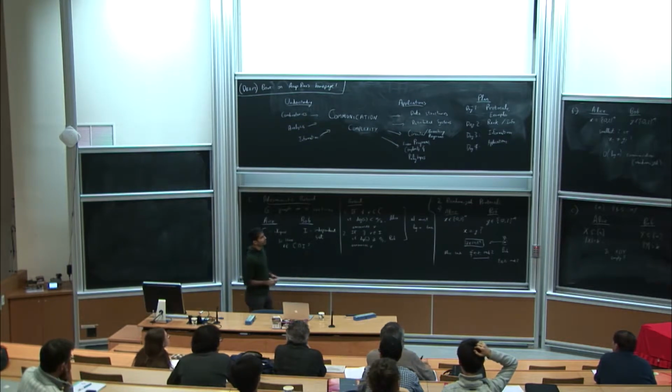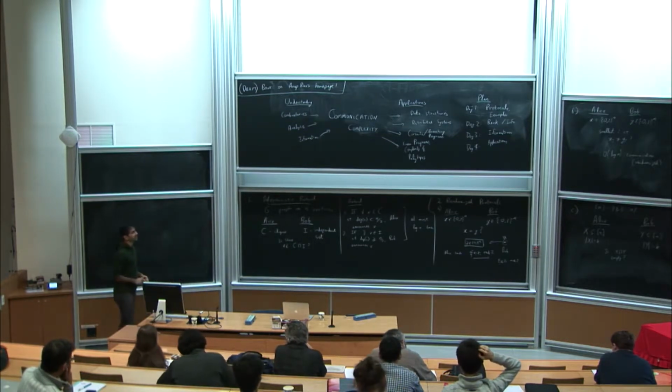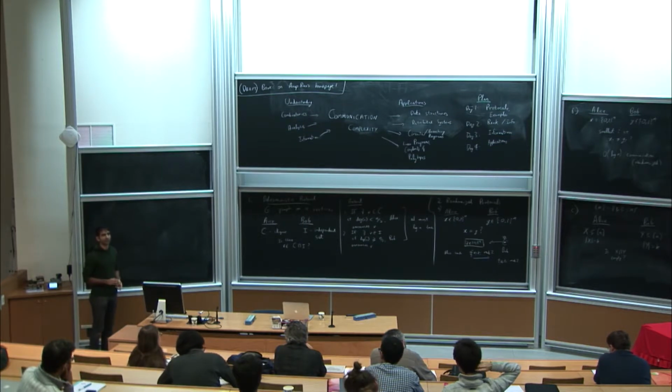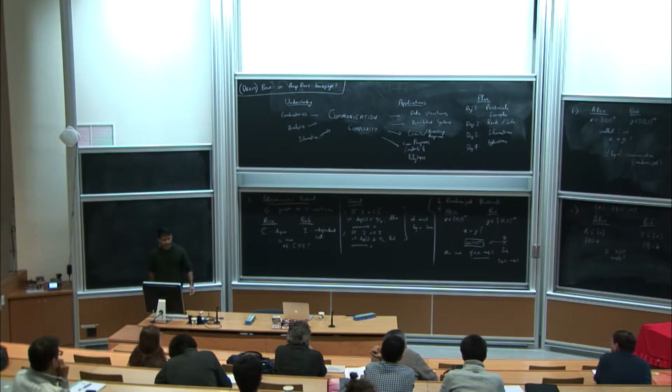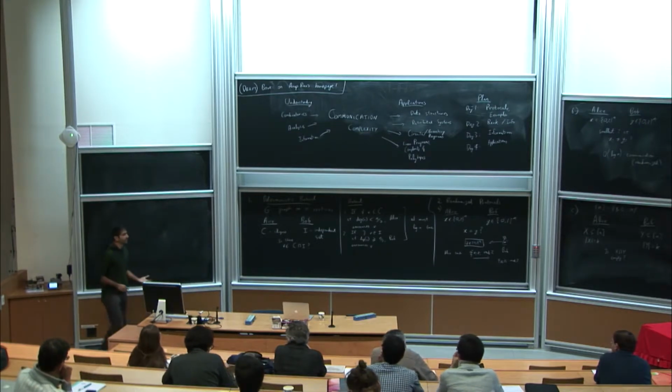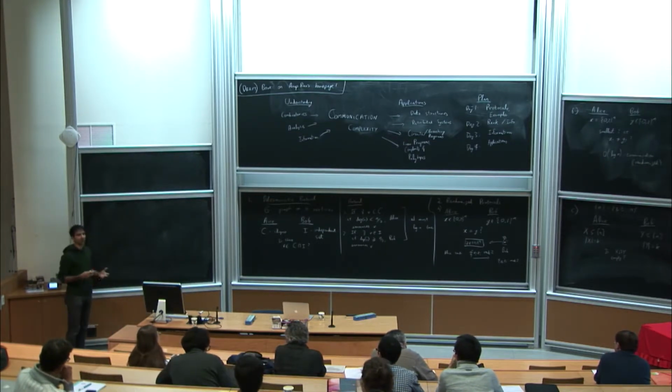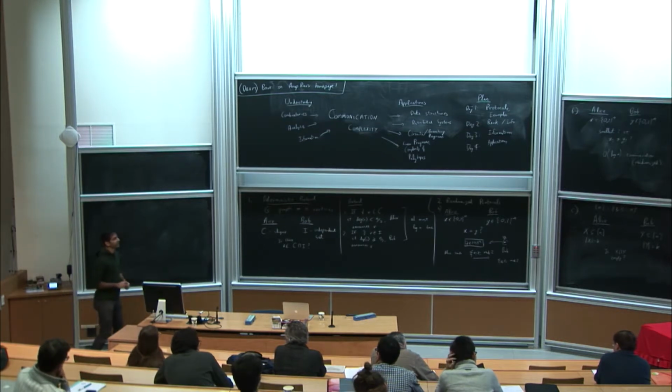But I'm going to show you a protocol that actually takes only k bits of communication. So it saves this log factor. And again, it's going to be a randomized protocol. You can show that if you're doing this deterministically, k log n, or log of n choose k, is the best you can do. But with randomization, I'll show you a protocol that just takes k bits of communication.